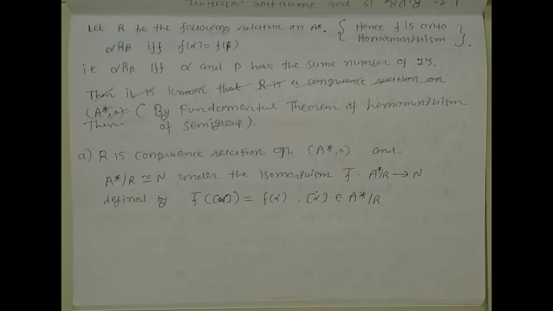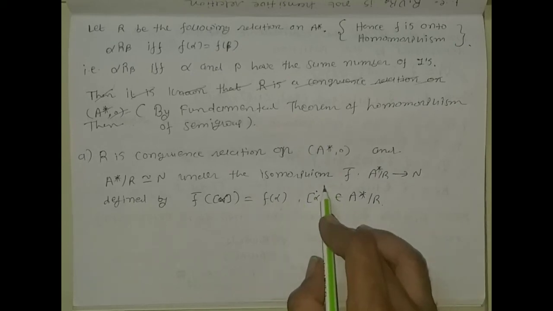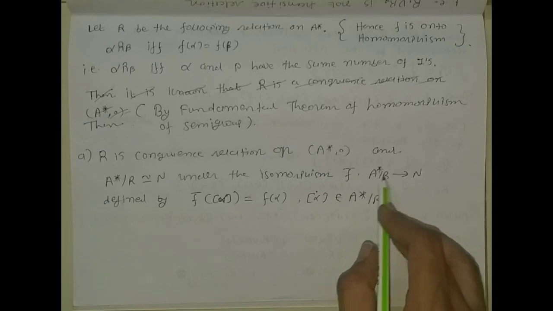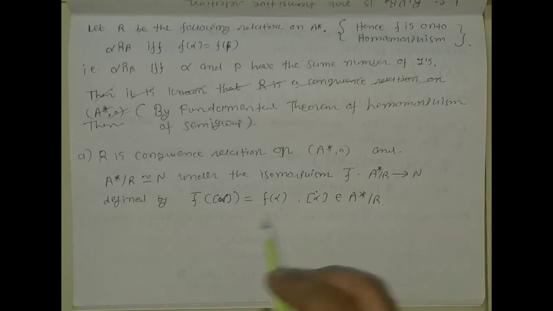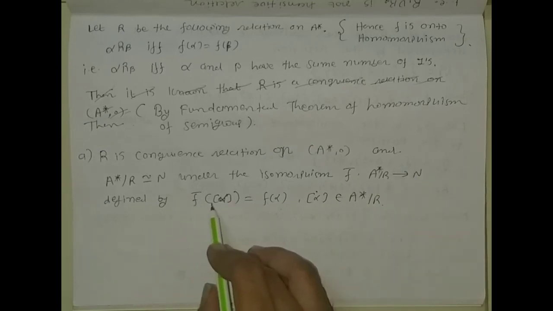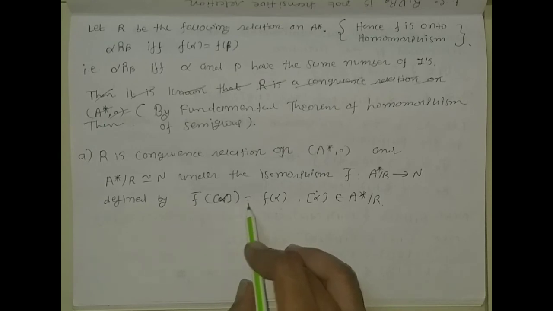From the proof, our isomorphism map is f bar from A star quotient R to N, defined as f bar of the equivalence class of alpha equal to f of alpha.